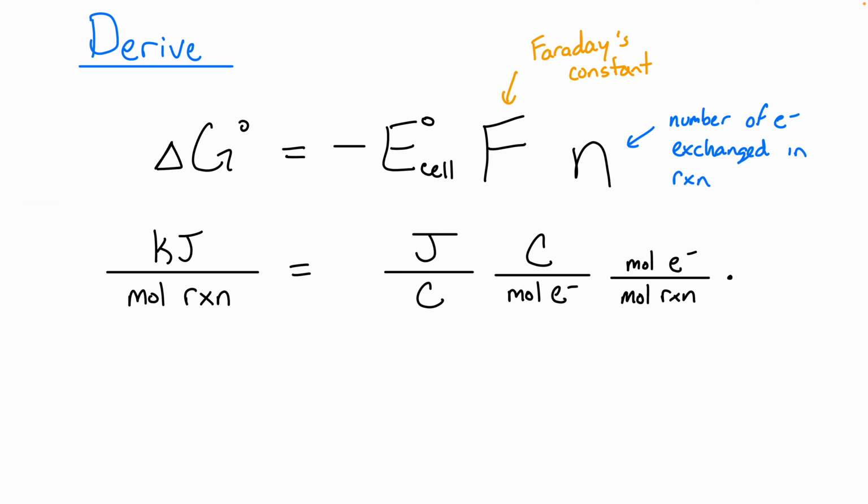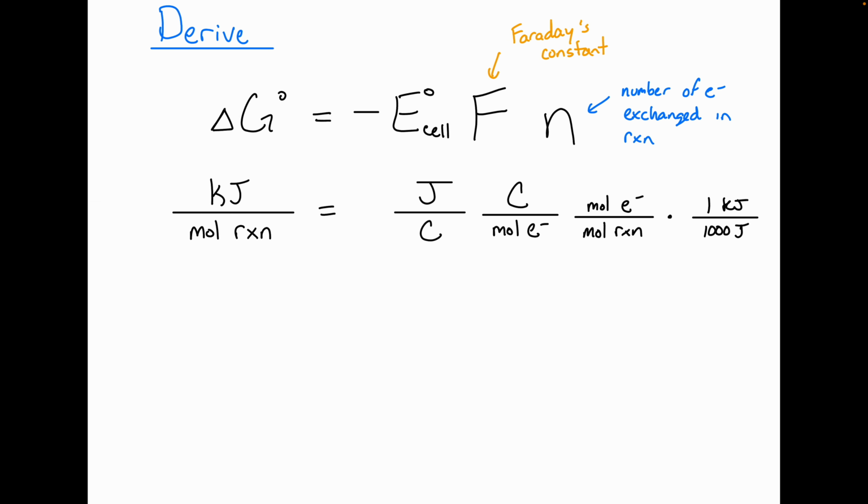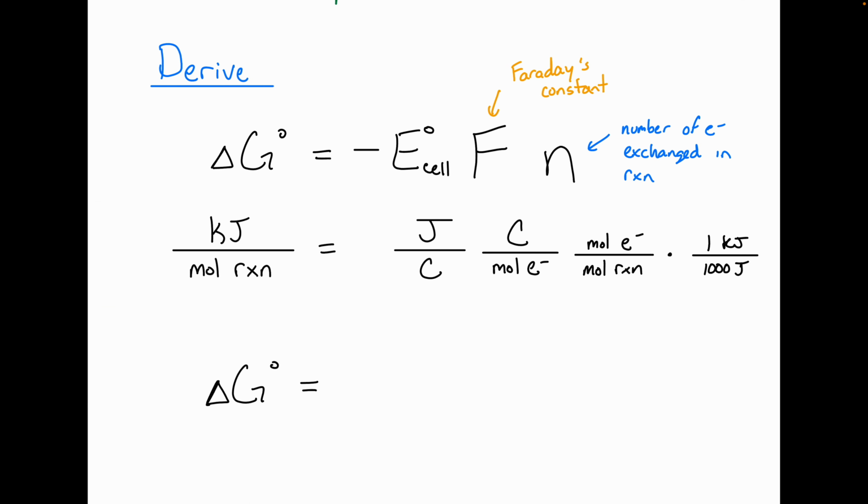If we stick a joule to kilojoule unit conversion on there, we see that now both sides are equal to one another in terms of units. So we're just going to rearrange this equation a little to fit how it looks in our textbook: delta G equals negative N F E naught cell.